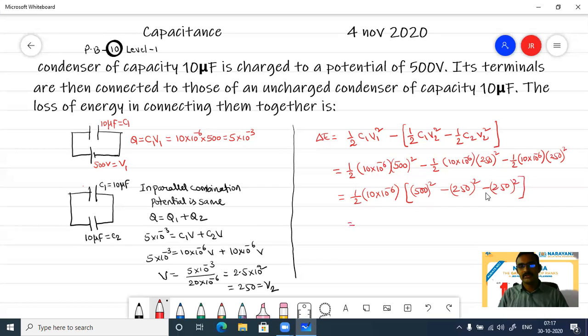Solve this entire expression and you are going to get 0.625 joules. We have just taken the formula here: change in energy is equal to initial energy minus final energy. Yeah, we'll go for the next one.